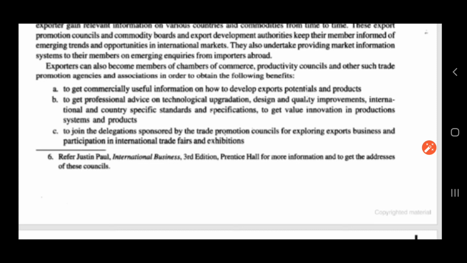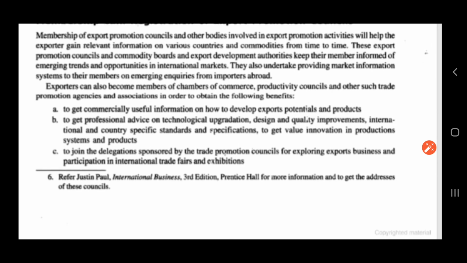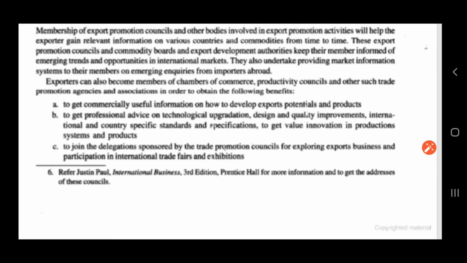The benefits are like getting commercially useful information on how to develop export potential and products. So what you can understand is, by getting membership in these councils, or by becoming a member of chambers of commerce, the firm can get useful information, which leads to developing export potential and products.